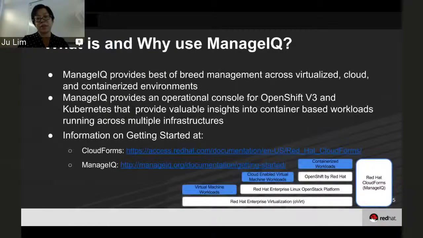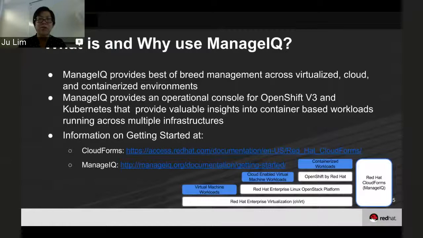Where we're going to spend a lot of our time today is around a technology called ManageIQ. ManageIQ is the upstream project that Red Hat has around providing best-of-breed management across multiple environments, whether it's virtualization, cloud, or a containerized environment. For OpenShift V3, there are two consoles. For the operator or the administrator, we are providing the operations console for actually managing your OpenShift V3 and Kubernetes workloads from ManageIQ.